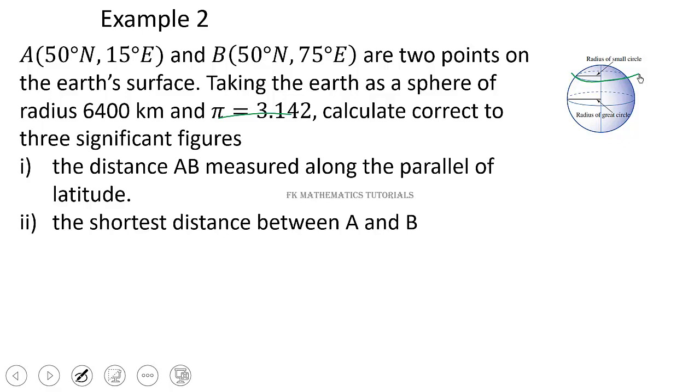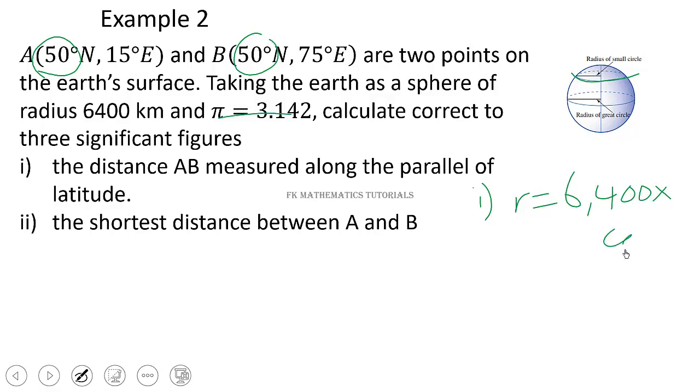So in this case, we need to calculate the radius. So radius will be equal to big R, which is 6,400, times the cosine of the angle that the latitude makes from the equator. So that will be 50 degrees.